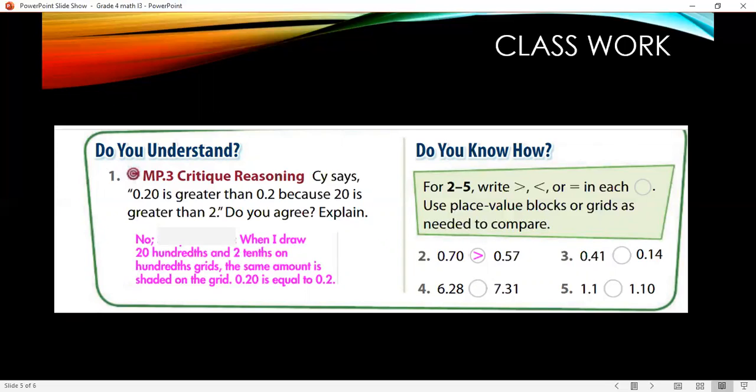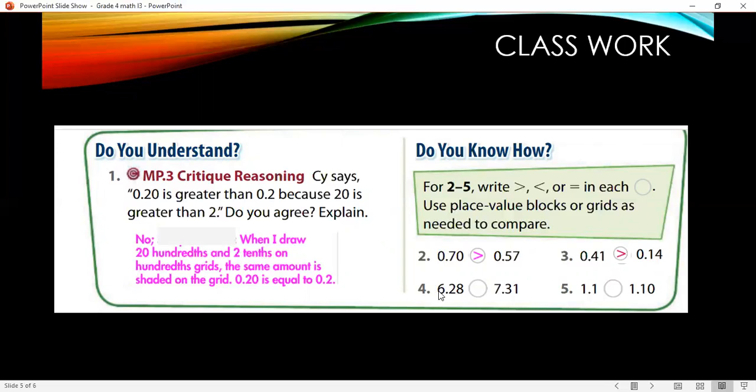Number 3, I can see that the place value 4, or a fourth, is greater than a tenth, which means that 0.41 is greater than 0.14.